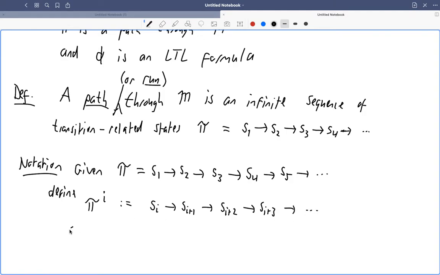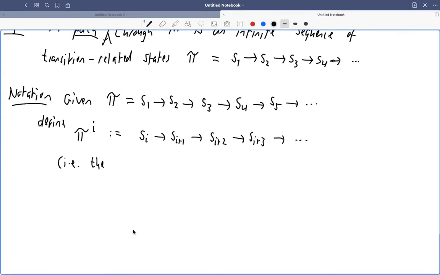I.e. the suffix, if you like, so a suffix of a word is something at the end of a word. This is the suffix or the tail of the path pi, starting from Si.